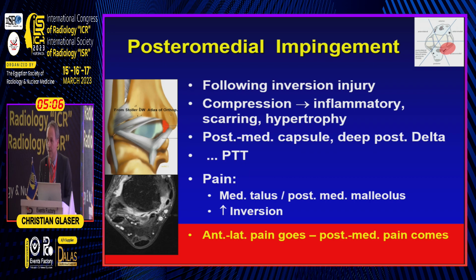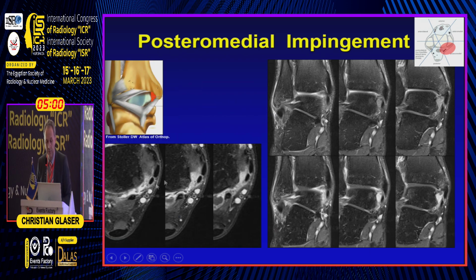And that is a typical constellation that raises the suspicion for posteromedial impingement, which you can appreciate here to more extent in the axials and coronals. And you see this sharp geographic delineation between the hypertrophic, hypervascular scar tissue and the remainder of the medial collateral ligament.